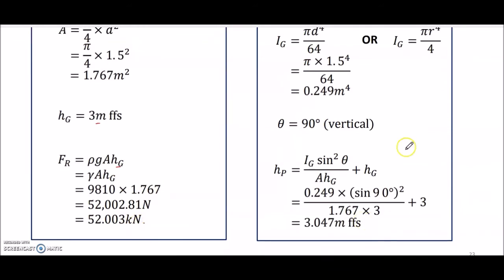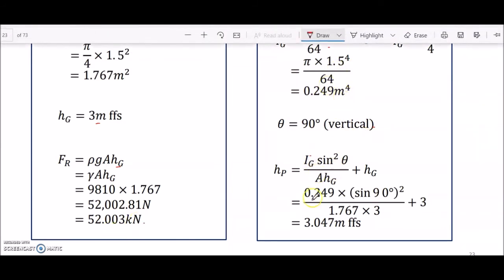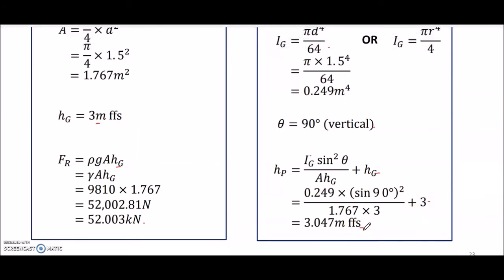Ig is again the same formula for circle, with 90 degrees. So Ig is again 0.249, and then you just add the Hg, that is 3 meter below the surface. So you have your value of 3.047 meter.